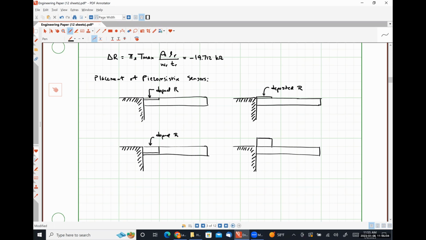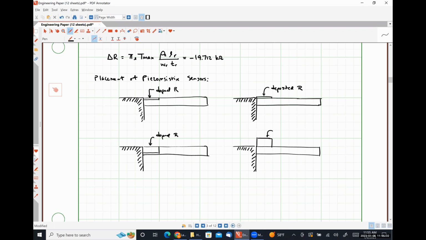Also, we have to take into account the fact that the two different materials may have different Young's moduli that are going to come into play in determining any stresses, or strains, sorry. So generally speaking, like I said, we want it to be thin in comparison to the thickness of the beam and short in comparison to the length of the beam.